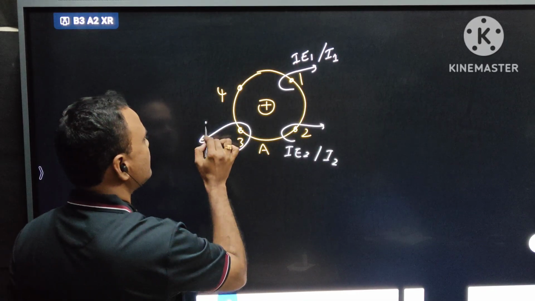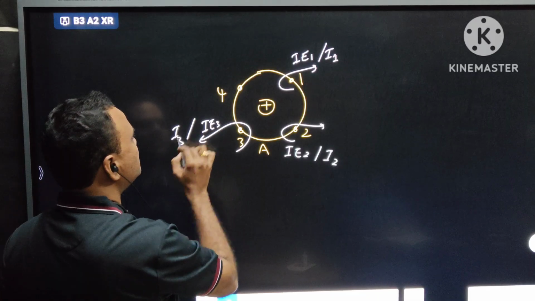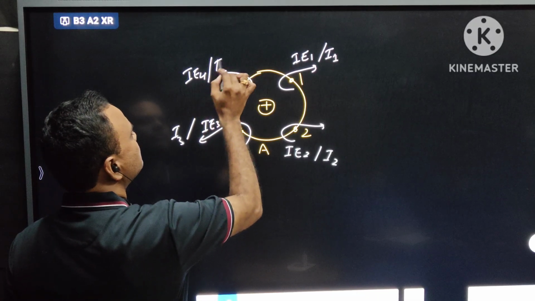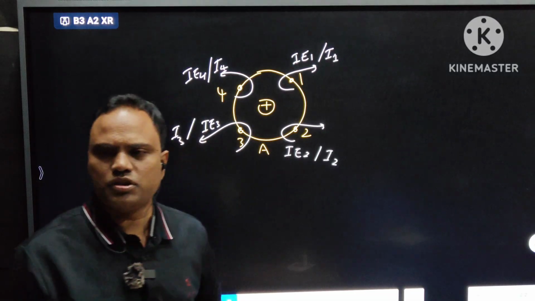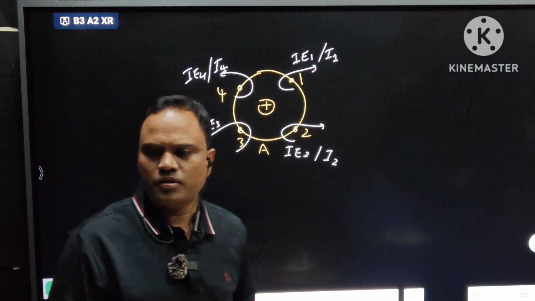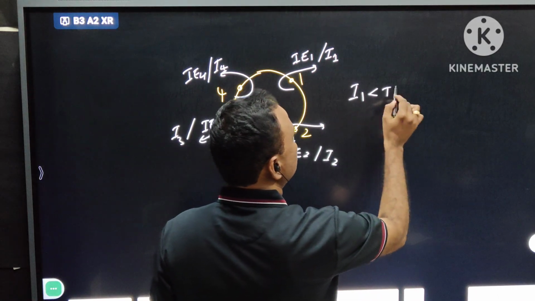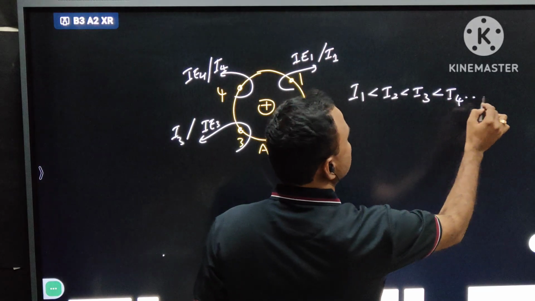Similarly IE3 or I3, and IE4 or I4. What is the relationship between these 4? Which is greater? I1 is less than I2, less than I3, less than I4 and so on.